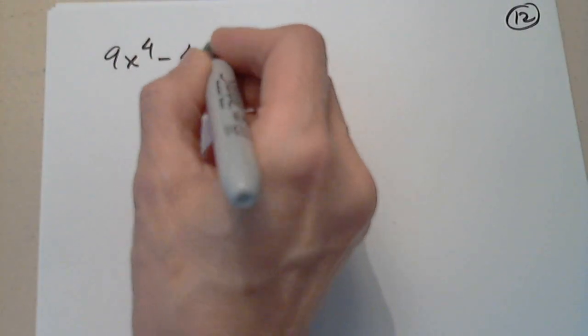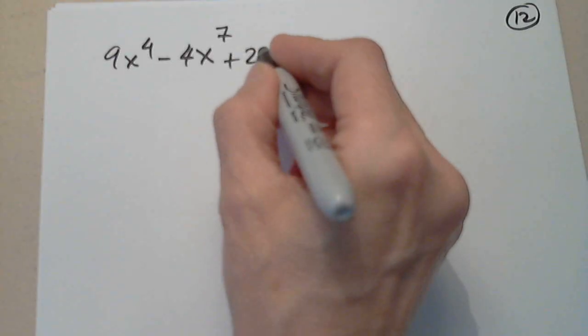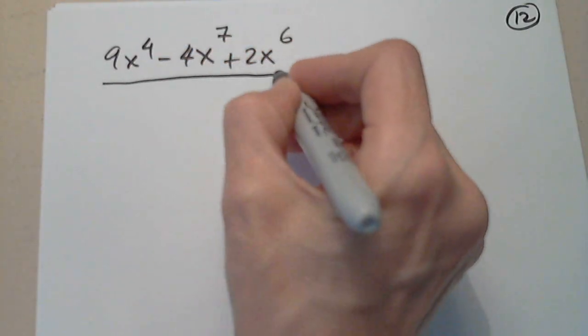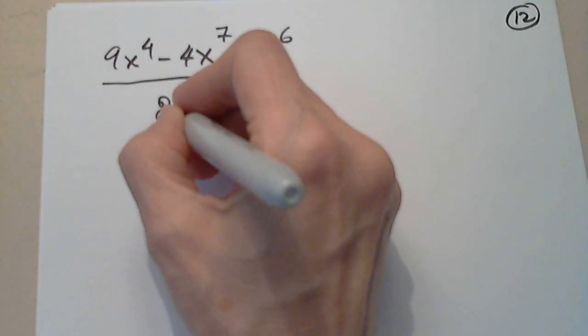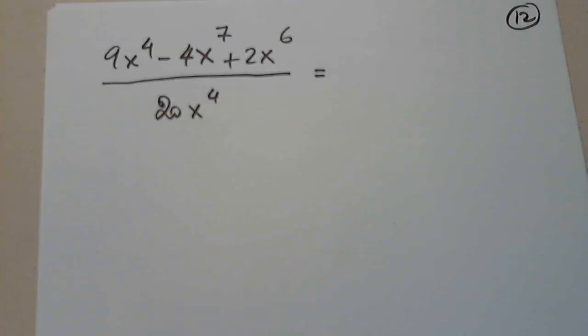Okay, here's another. 9x to the 4th minus 4x to the 7th plus 2x to the 6th, everything divided by 20x to the 4th. The denominator is only one term. We can separate.